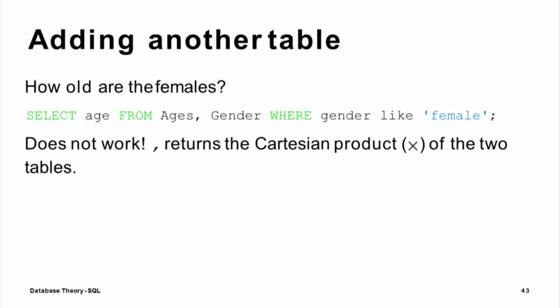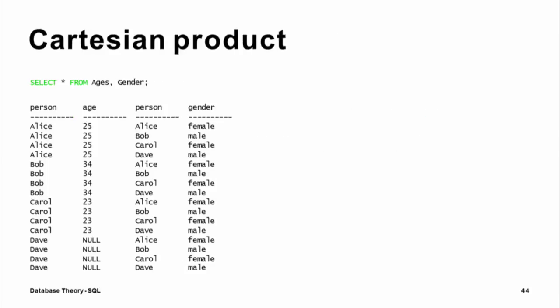And what you see here will not work. And the reason for that is that what is returned here, firstly, is the Cartesian product of ages and gender. And after that, then you apply that where criteria on it. So that won't work. We did actually talk about this yesterday.